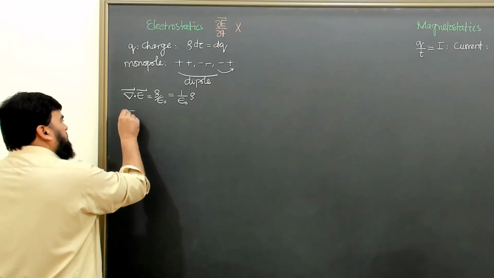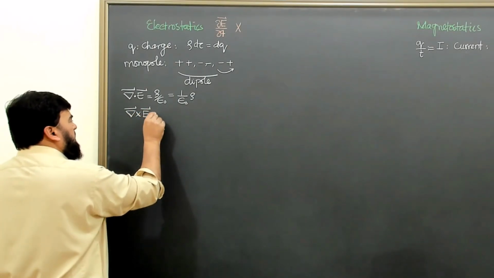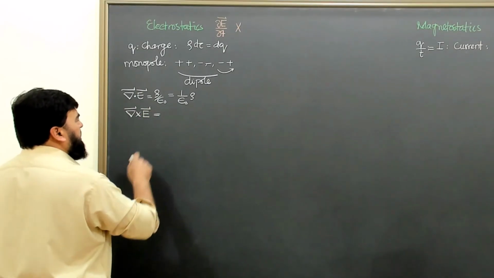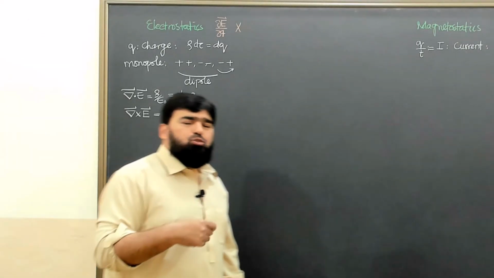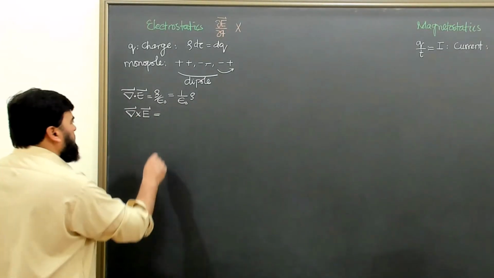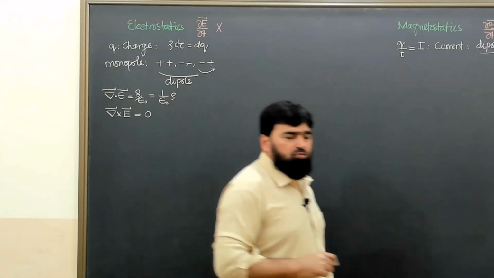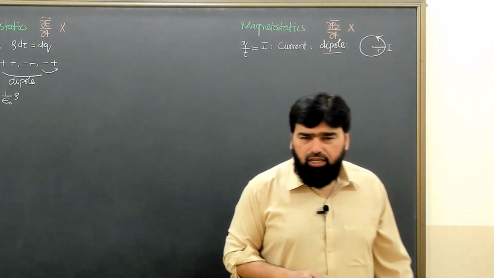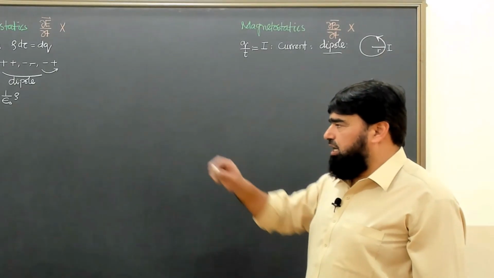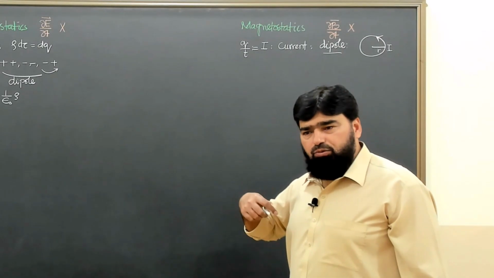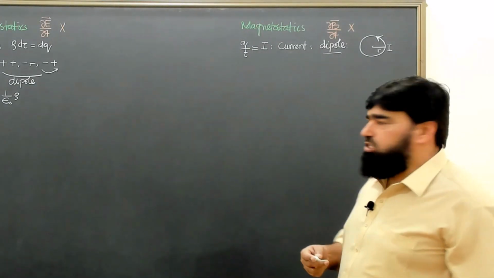Similarly, the curl of the electric field: the electric field lines diverge from a single charge, going in straight lines, so they are not curling, and the curl is equal to 0.